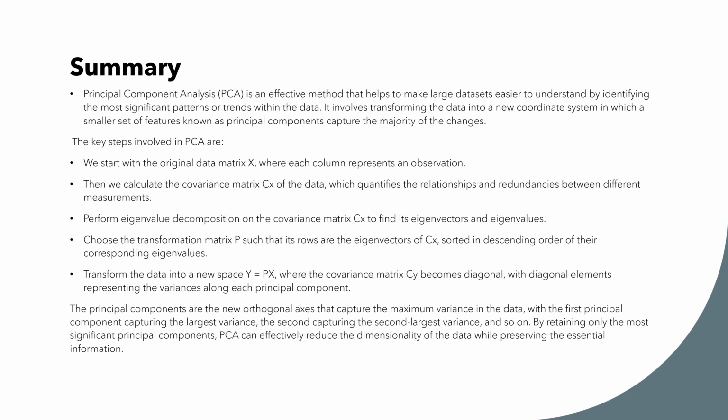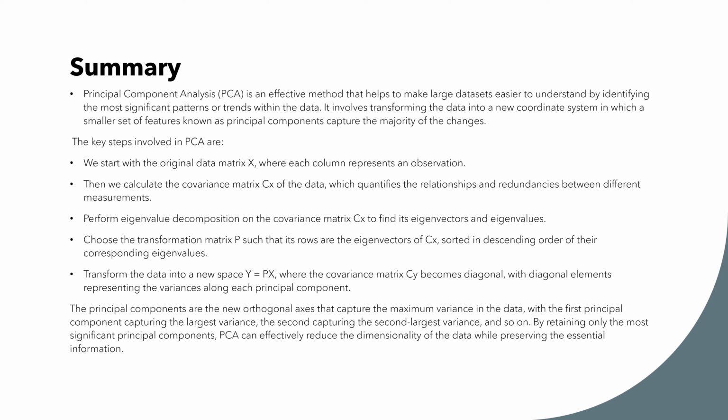Fourth, choose a transformation matrix P such that its rows are the eigenvectors of Cx sorted in descending order of their corresponding eigenvalues. Fifth, transform the data into a new space Y equals PX, where the covariance matrix Cy becomes diagonal with diagonal elements representing the variances along each principal component.